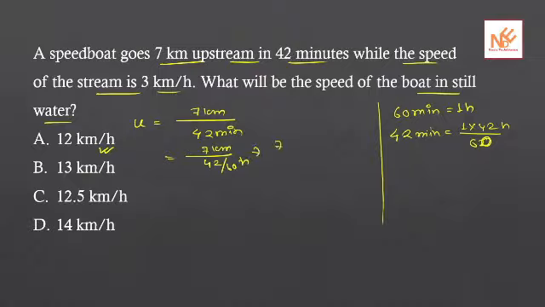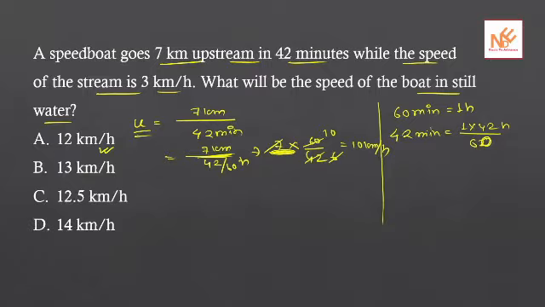Division is converted into multiplication, the denominator comes into the numerator. Then 7 times 60 divided by 42: 7 sixes are 42, so it is 10 kilometer per hour. The speed of the upstream is 10 kilometer per hour.